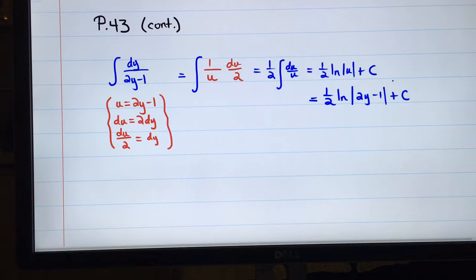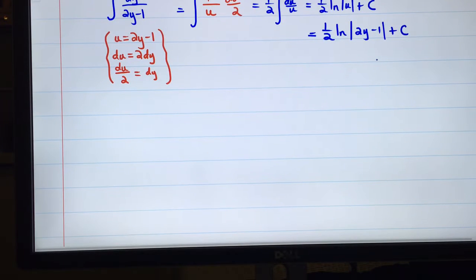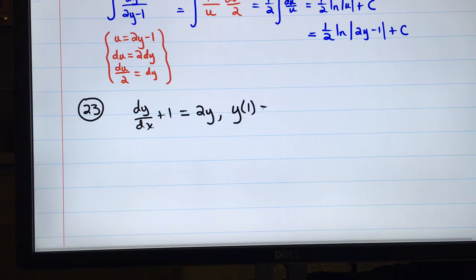All right, now with regard to problem number 23, in this particular setup we have the derivative dy over dx plus 1 is equal to 2y. And we have imposed an initial condition whereupon y(1) is equal to 1.